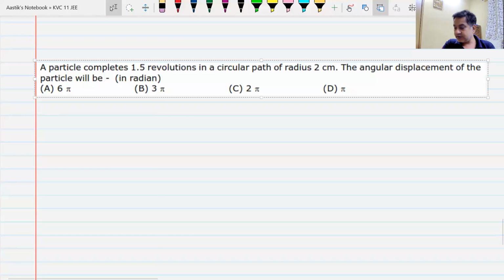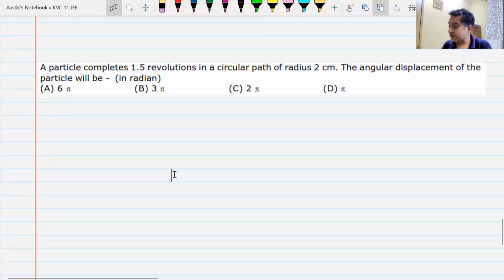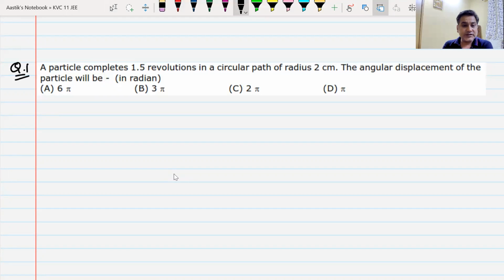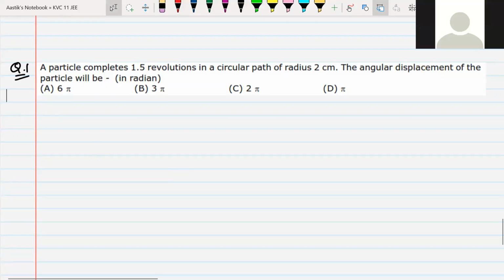A particle completes 1.5 revolutions in a circular path of radius 2 centimeters. What is the angular displacement of the particle? You have 2 minutes.